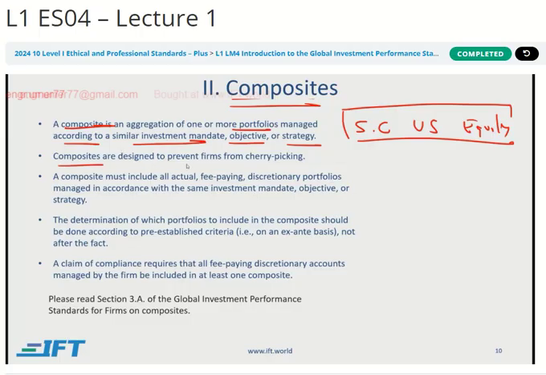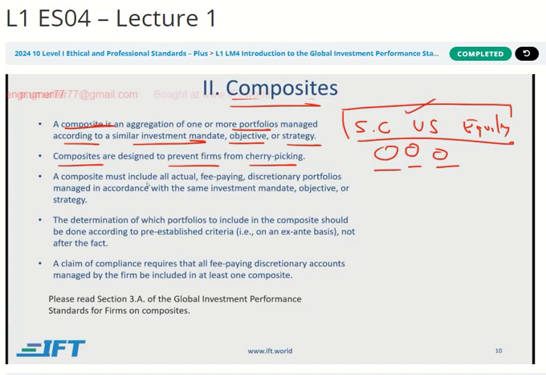Composites are designed to prevent firms from cherry picking. So here, a firm can't just pick a few of these small cap US equity portfolios that are doing well and ignore the small cap US equities that are not doing well. All portfolios that meet this criteria should fall under this particular composite.